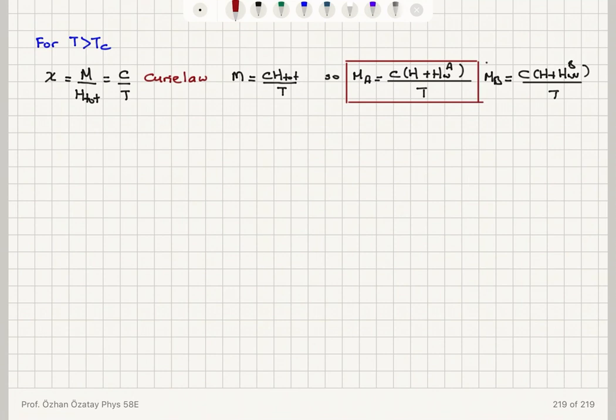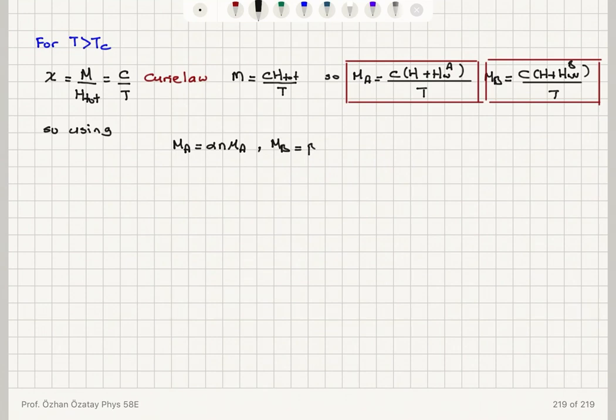So we have these two results, and now let's summarize what we have here. We can use the following equations. M sub A is equal to alpha N mu A, the number of A ions per volume times magnetic moment per A ion.